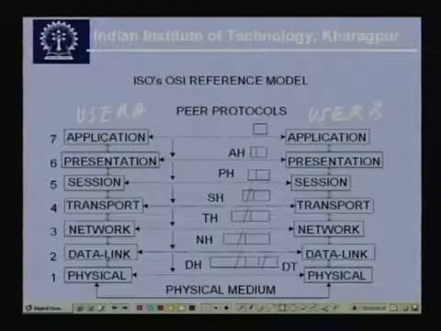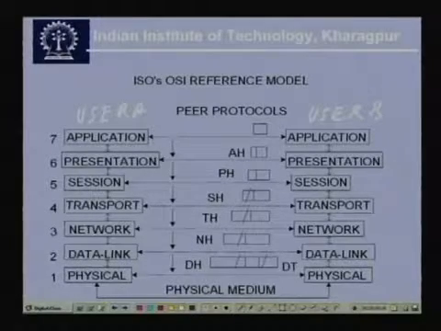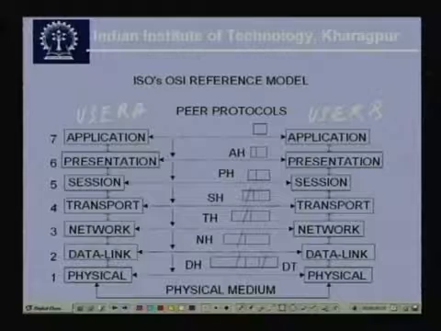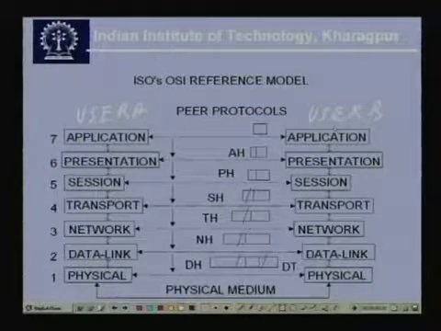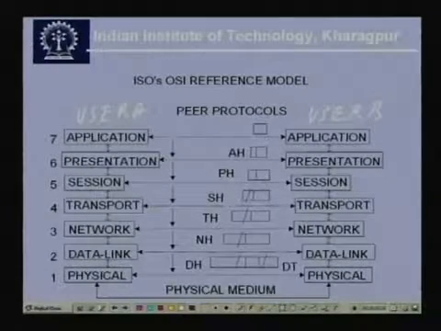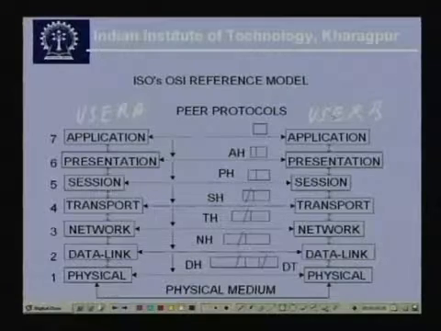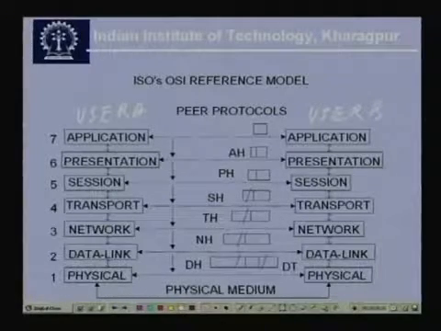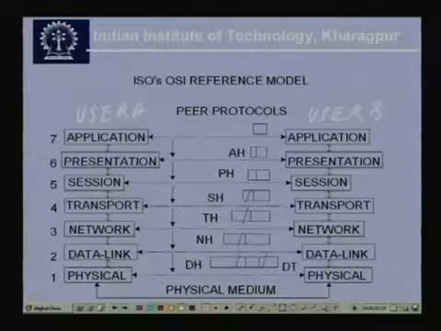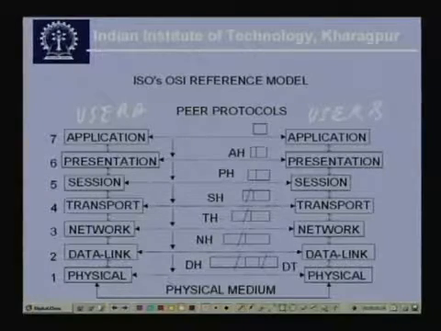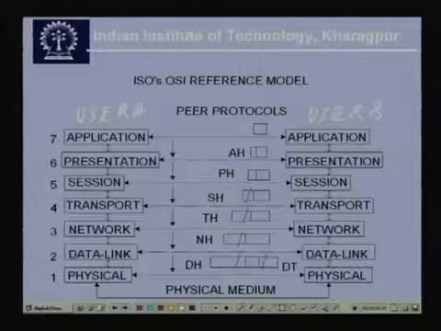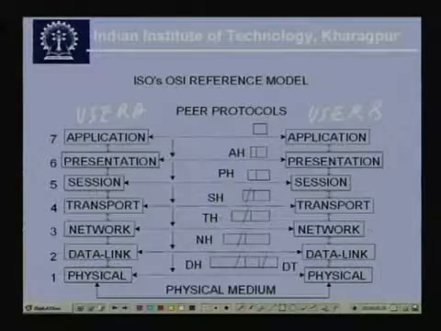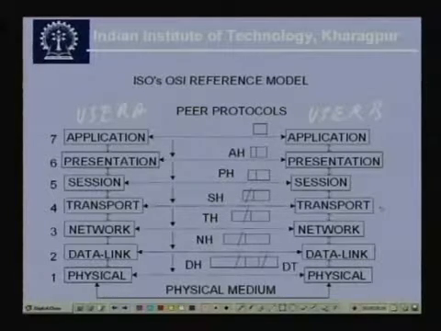So, user A will send email, and it will go down through this channel and reach user B. So, essentially user A is communicating with user B, and these are the layers which are used to pass the information through different layers, so that it reaches the other side in proper form and is interpreted properly.